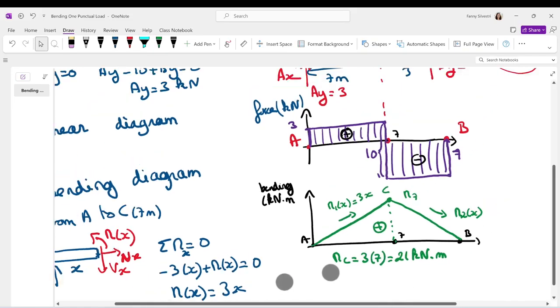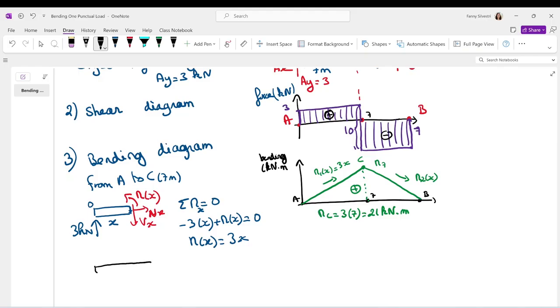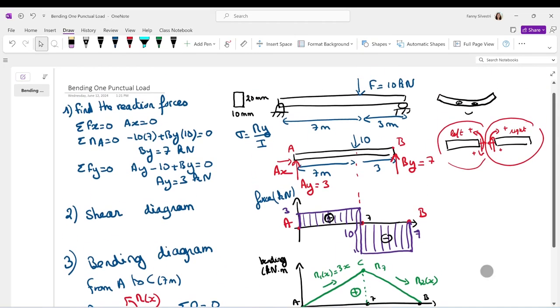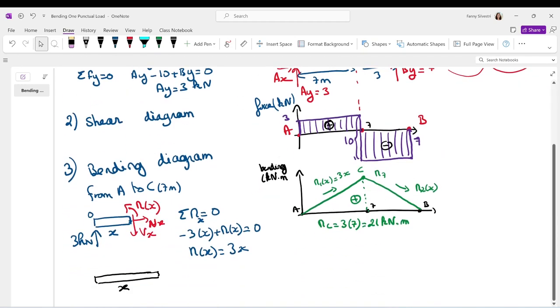Let's also find the equation of moment to the right. So I have the beam. The distance is still x, but now the x will be more than 7. So we are cutting between C and B. Okay, so what do we have?